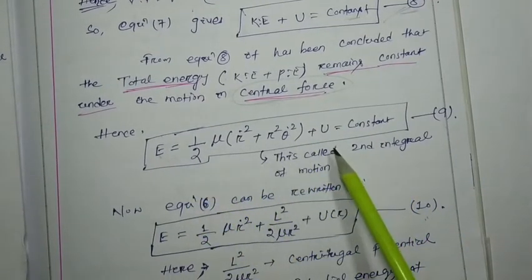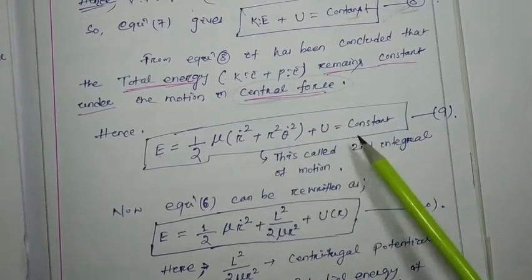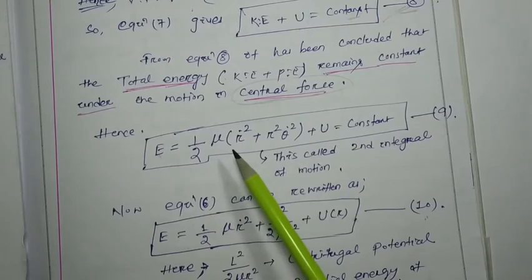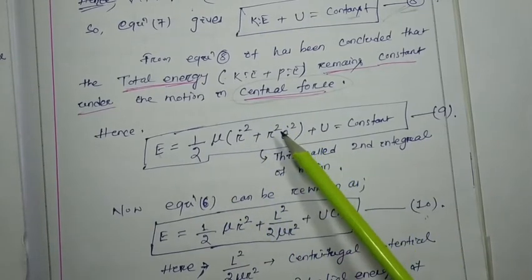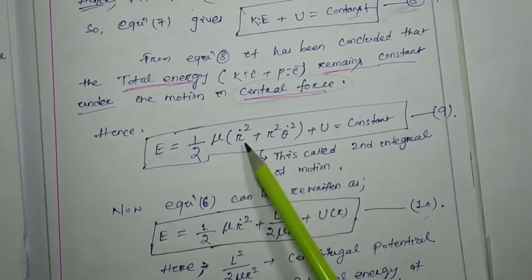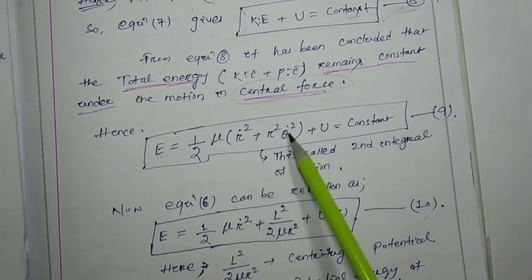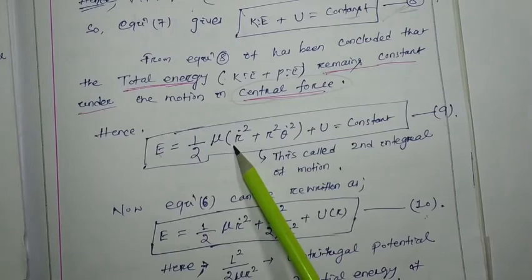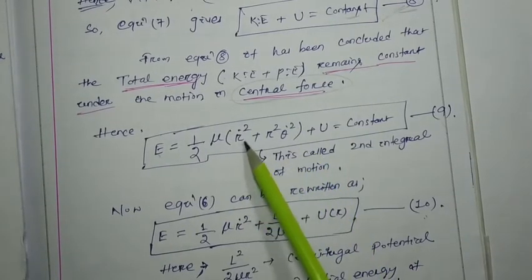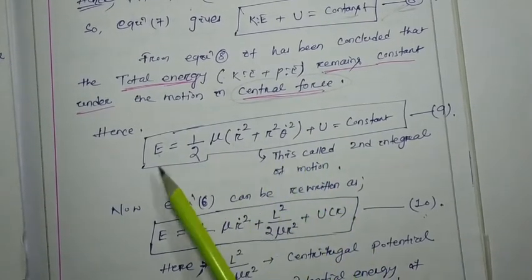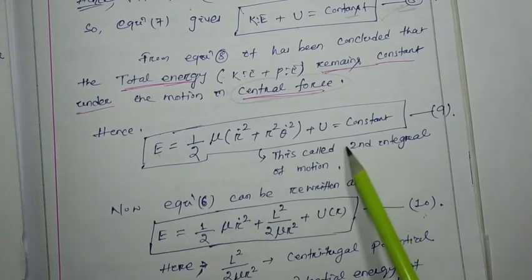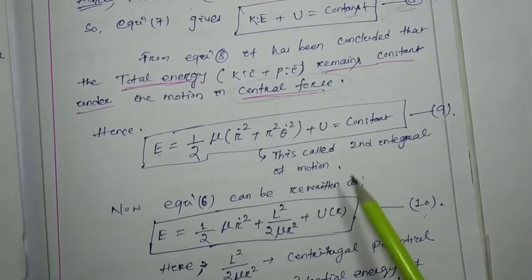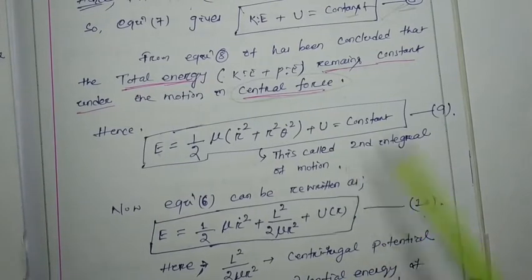So from this we can determine the values of energy with respect to position in radial, and with the function of theta, the E can be determined. So it is called the second integral of motion, or you can say equation of motion.